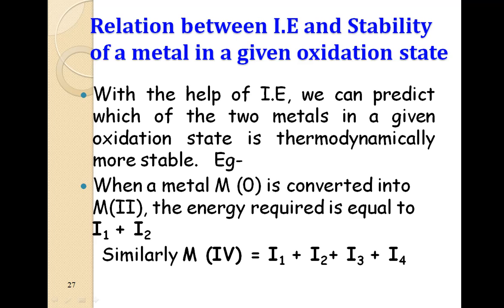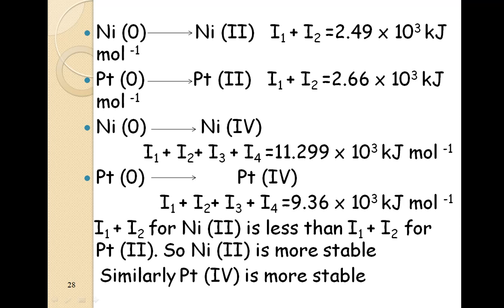With the help of ionization enthalpy, we can predict which of two metals in a given oxidation state is thermodynamically more stable. If a metal is converted to the +2 oxidation state, the energy required is equal to I1 plus I2, the sum of the two ionization enthalpies. But when it is to be converted to the +4 state, we have to check the sum of 4 ionization enthalpies.